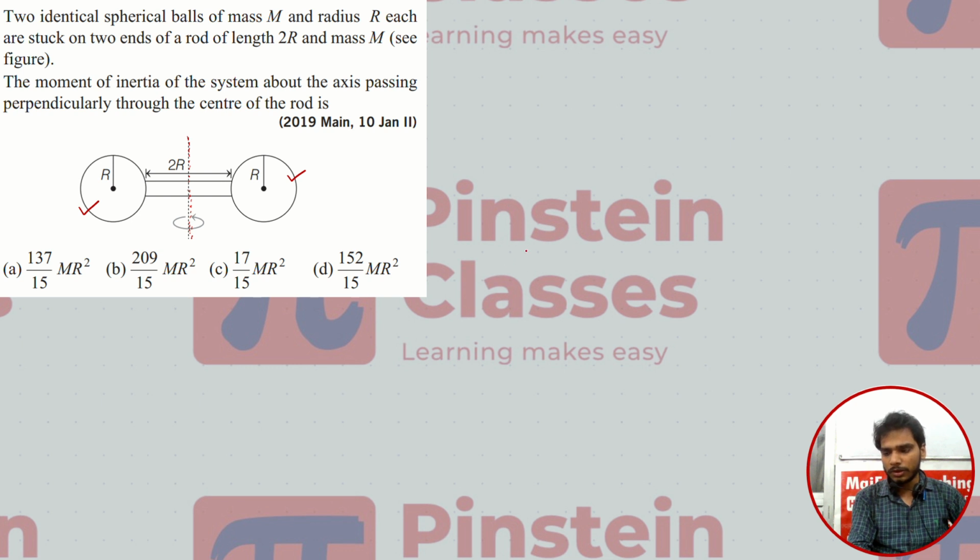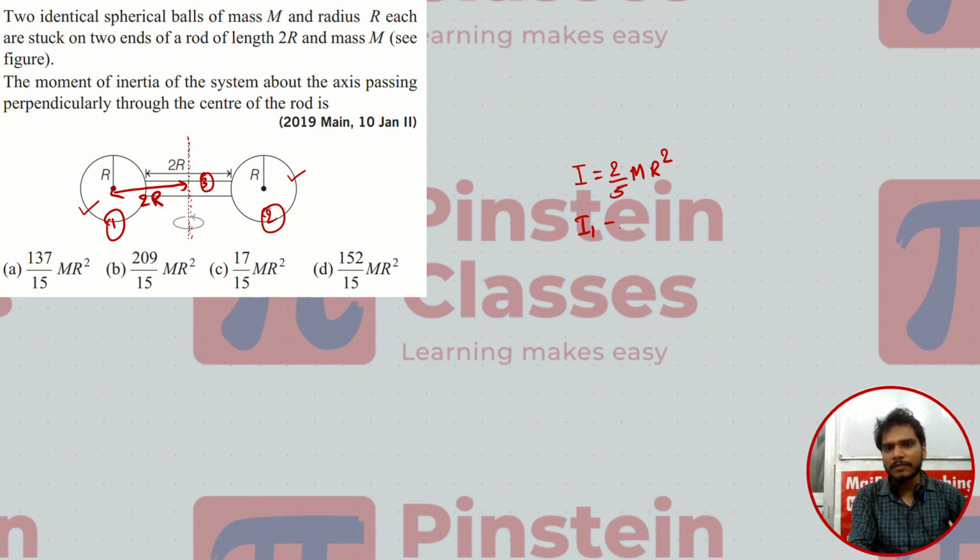So the moment of inertia of this sphere will be 2 upon 5 mr square. If we transfer it to a distance 2r, the new moment of inertia, let it be I1, let it be sphere 1, sphere 2, and for the rod, let's give the number 3.